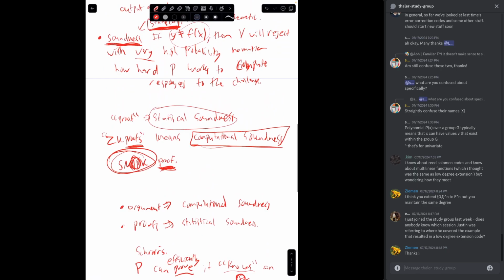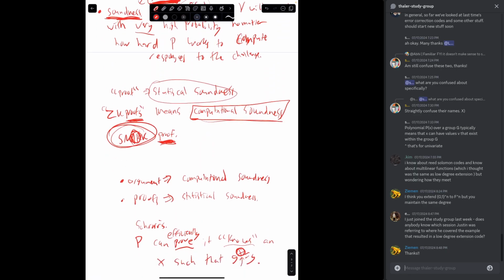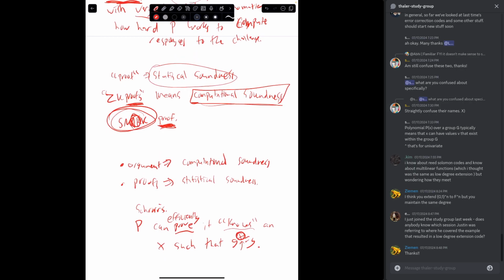So one more question: does it mean that if we are bringing in a computationally unbounded party, then this argument versus proof distinction becomes quite meaningless, since the argument can be even stronger than proof?